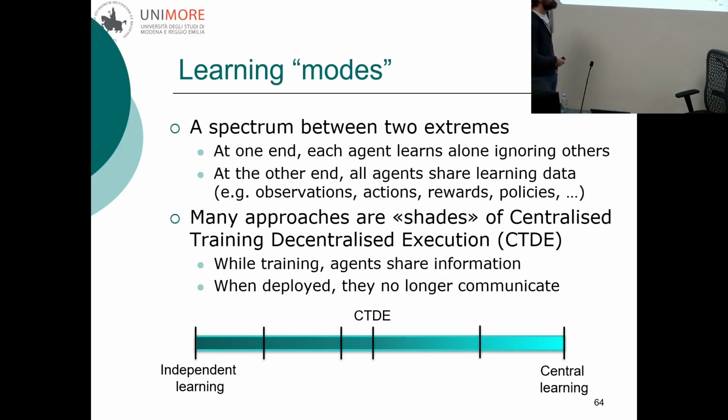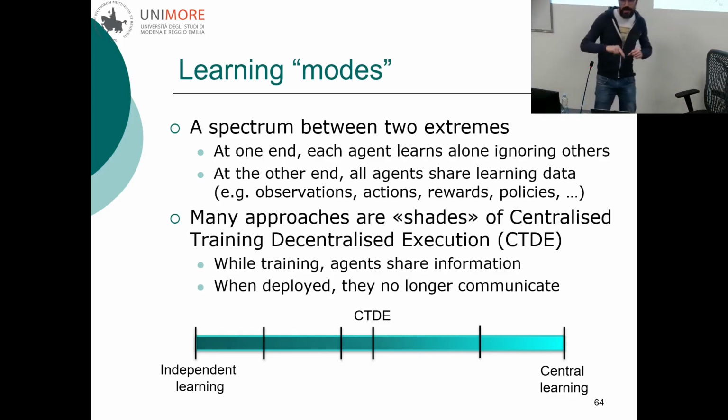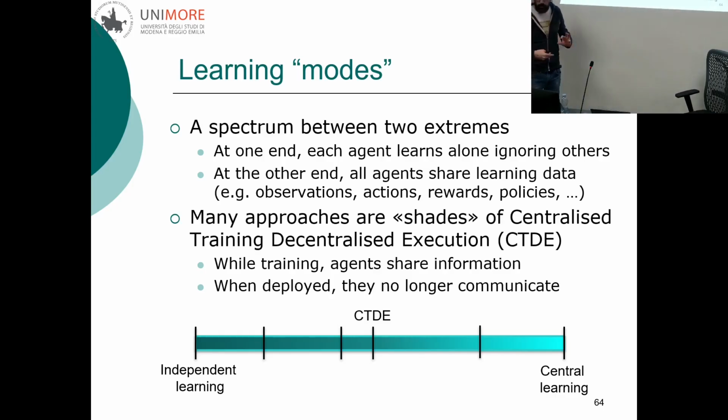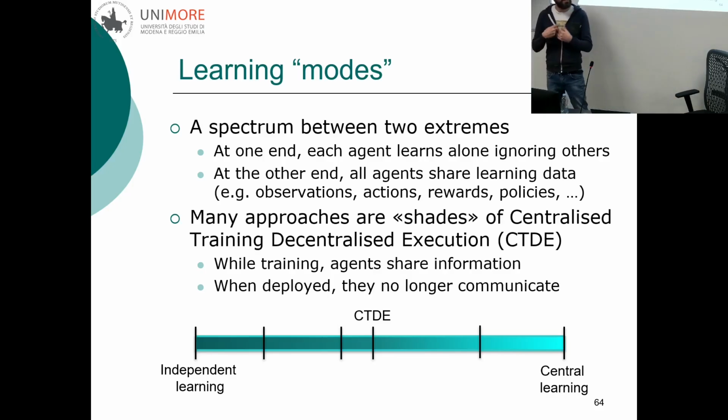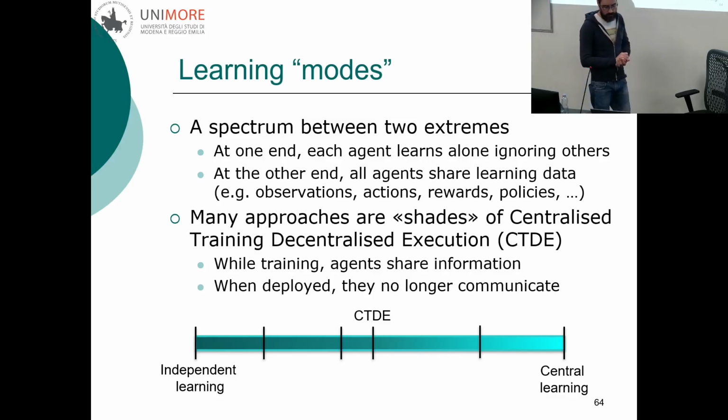In multi-agent reinforcement learning, you basically have, let's say, three different learning modes, or paradigms. There is no specific terminology here, so reading different things, you find different terms. I'd like to speak about learning modes, learning paradigms, stuff like that.